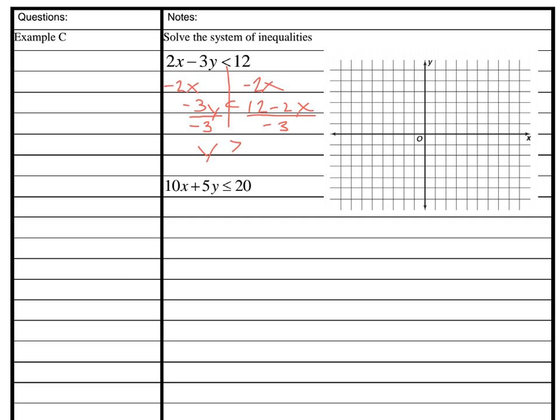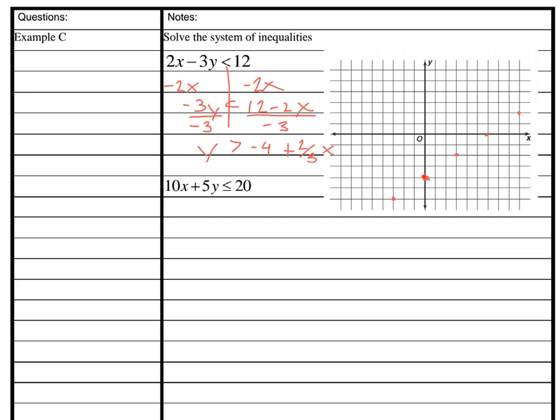So now it says greater than. 12 divided by negative 3 is negative 4. And negative 2 divided by negative 3 would be positive 2/3 x. Let's keep it as a fraction. Take a moment and go ahead and graph that inequality, please. Y is greater than negative 4 plus 2/3 x.